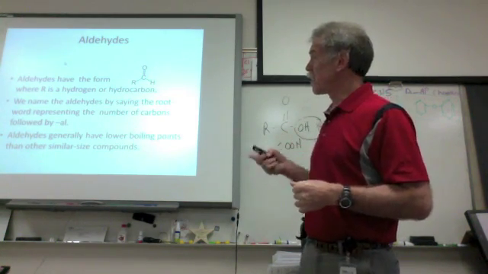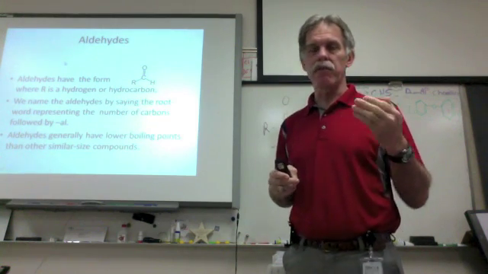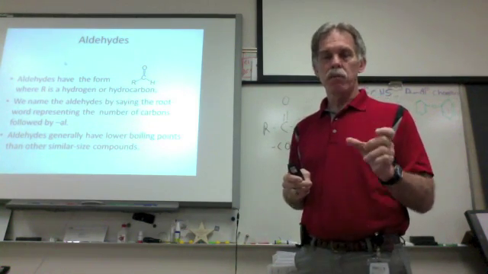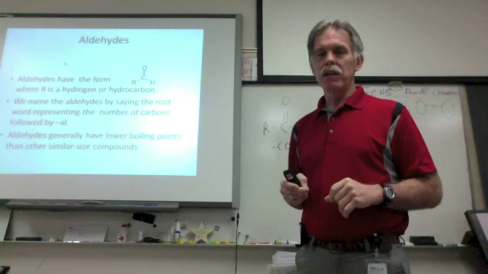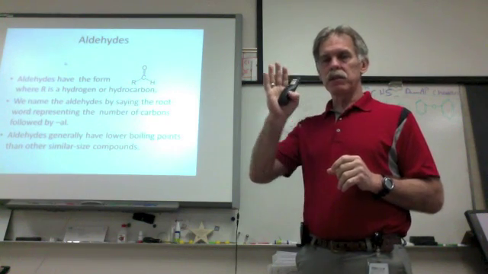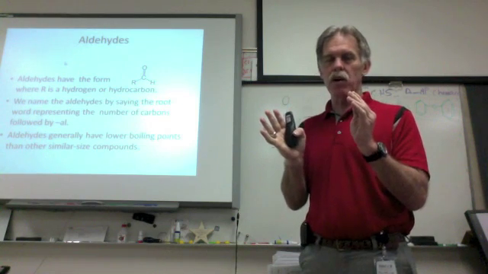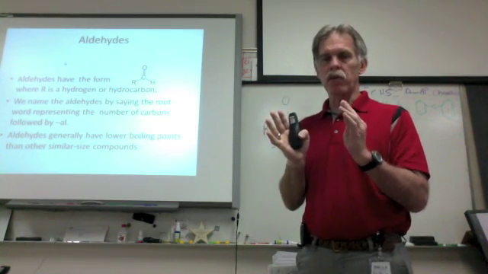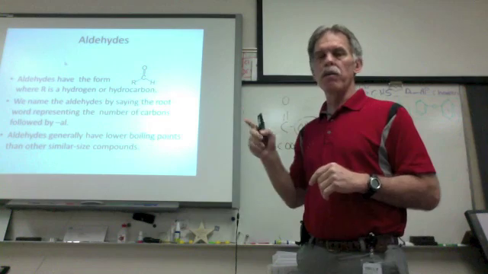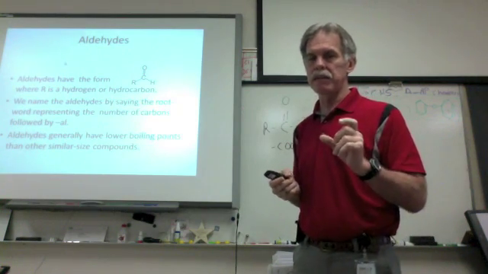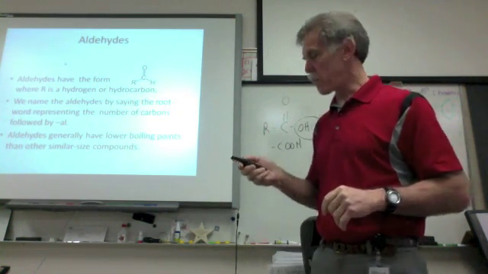Actually, couldn't, let's see, 1, 2, yeah, we couldn't, so we'd have 2-methylpropanal. So that tells you that, of course, the double bond OH is on the end, and on the second carbon over, there is a methyl group. You always start numbering from the carbonyl side, so that automatically solves where you number from.